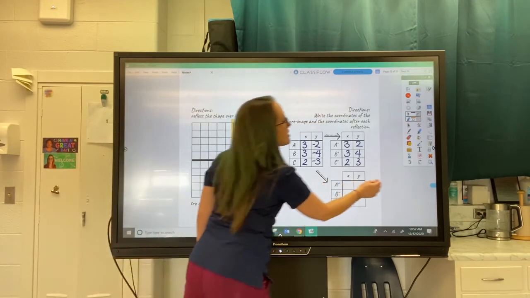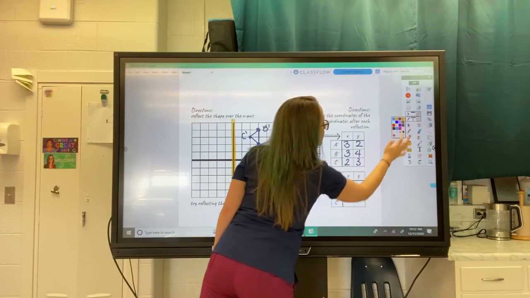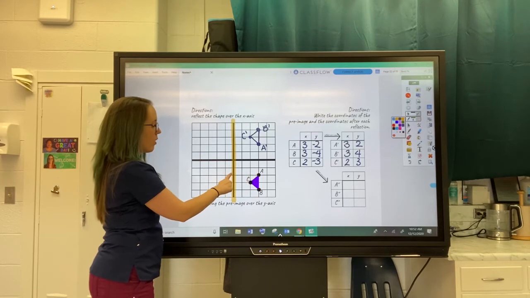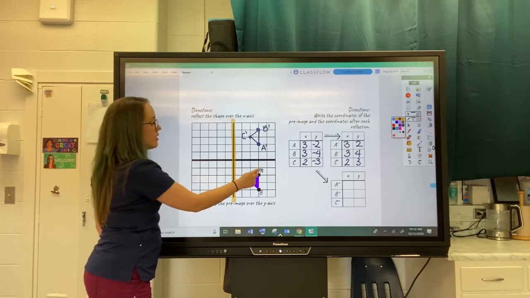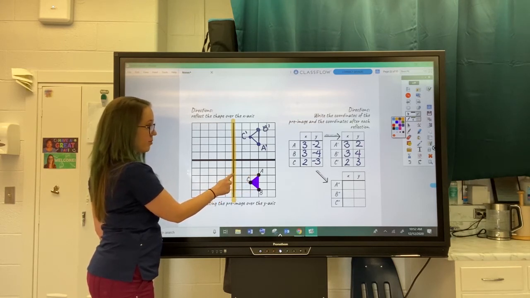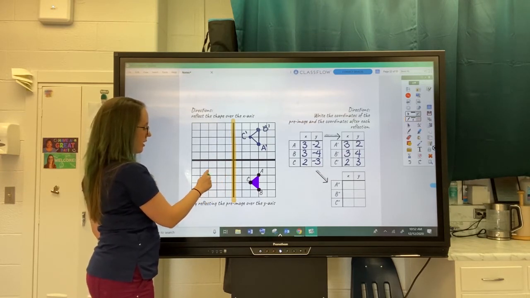Okay, and we're going to do it the same kind of way. I'm going to count how far each point is from the y-axis and then go that many spaces on the other side. So A is 1, 2, 3 spaces from the y-axis.